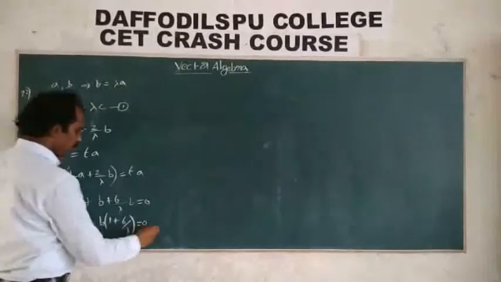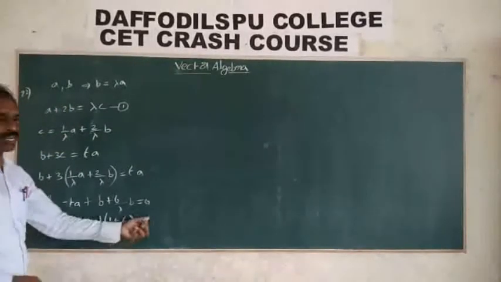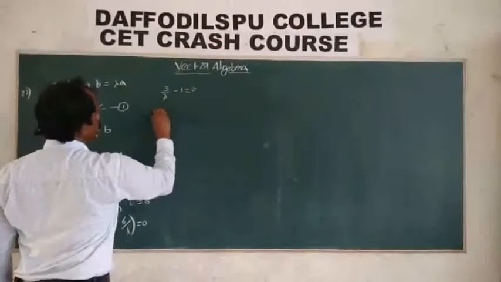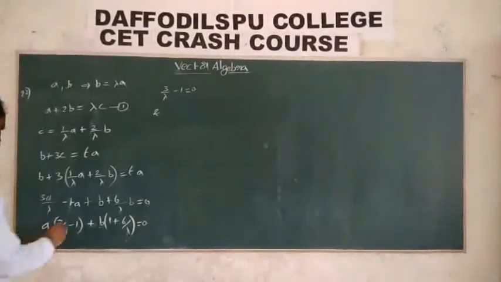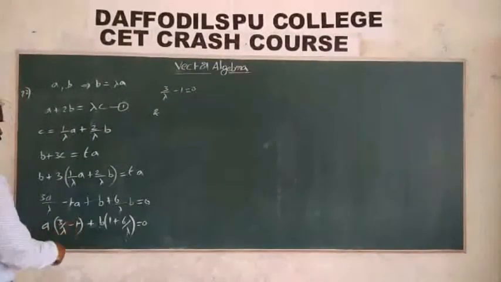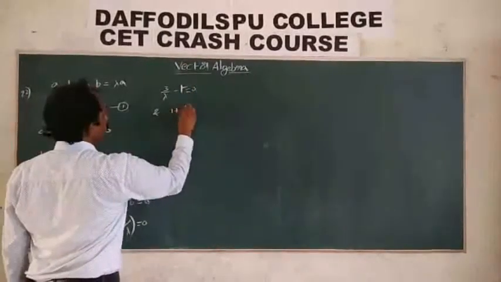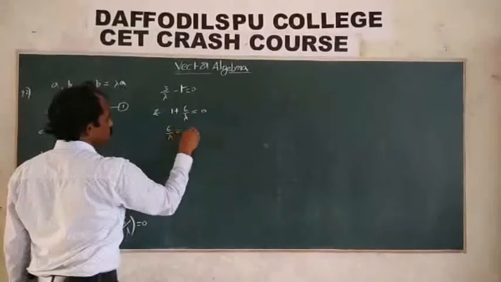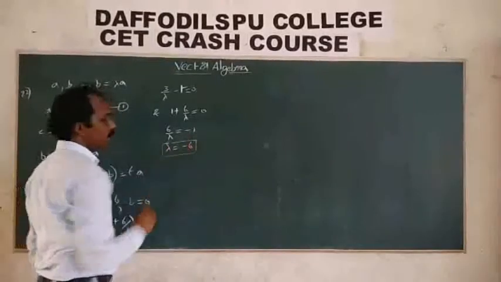Compare both sides: A coefficient is not there, B coefficient is also not there. Therefore, 3 by lambda minus T is equal to 0 and 1 plus 6 by lambda is equal to 0. Therefore, 6 by lambda is equal to minus 1, so lambda is equal to minus 6.